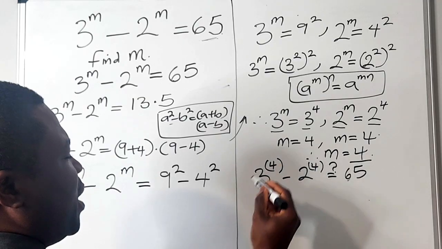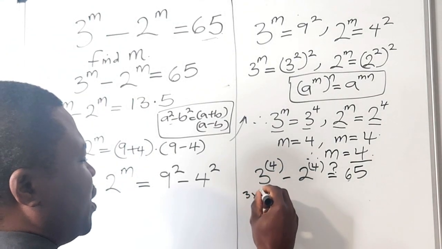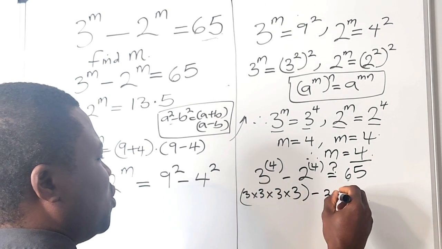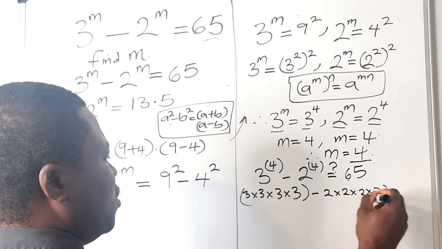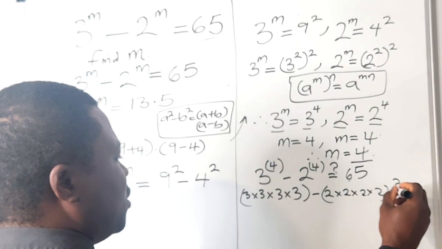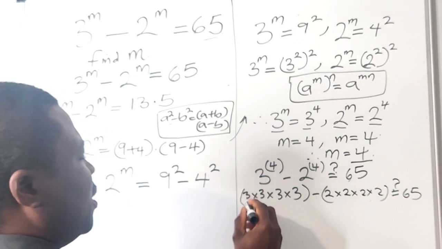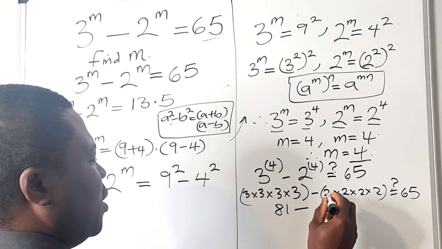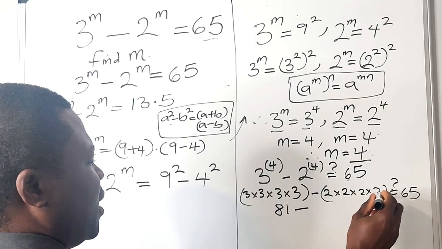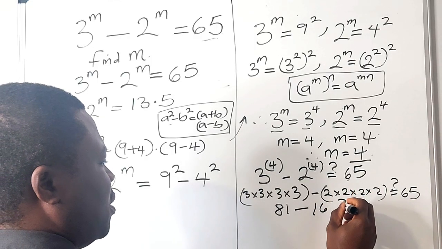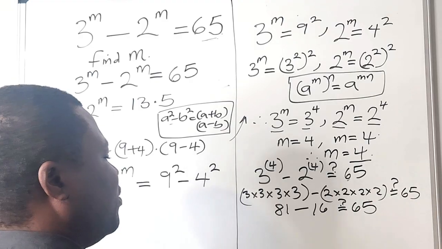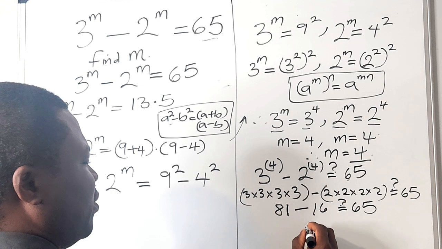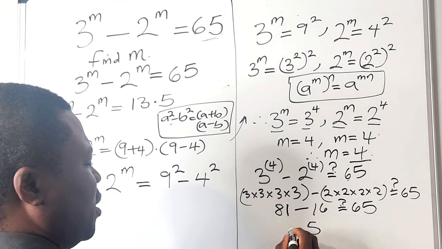So 3 raised to the power 4, that's 3 times 3 times 3 times 3, minus 2 times 2 times 2 times 2. 3 times 3 is 9, times 3 is 27, times 3 is 81. 2 times 2 is 4, times 2 is 8, times 2 is 16. Is this equal to 65? So 81 minus 16: 1 from 6 is 5, 8 minus 1 is 7... so 65.